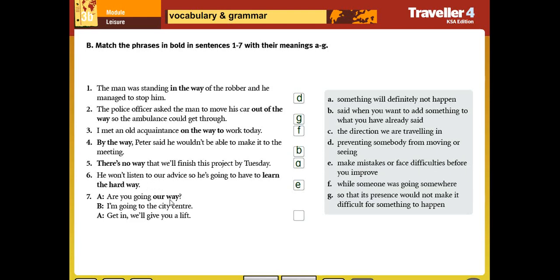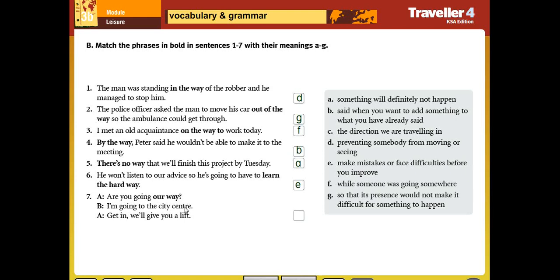Are you going our way? Imagine that you're driving your car and someone is standing on the side of the road. So you ask him, where are you going? I can give you a lift, okay? And it will be easy for you if he's going your way, if he's going to the same place or in the same direction.